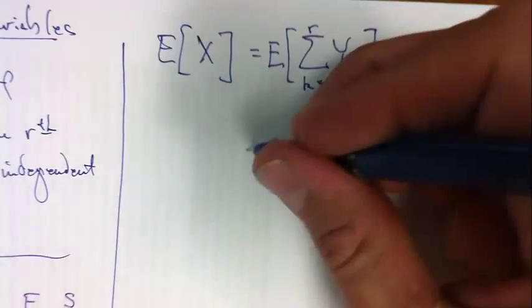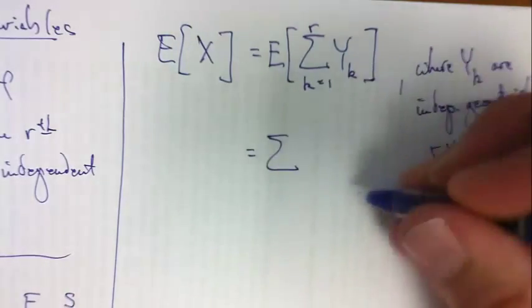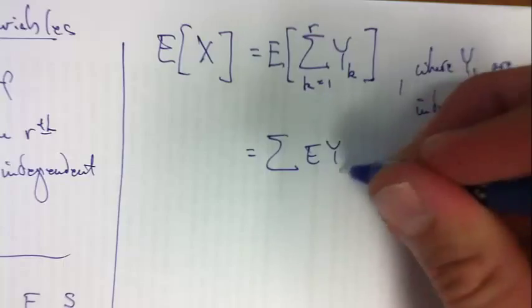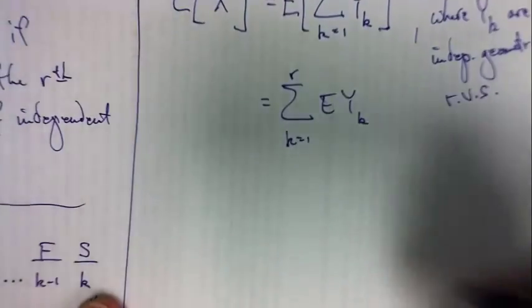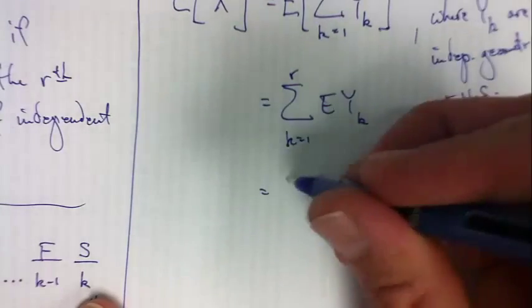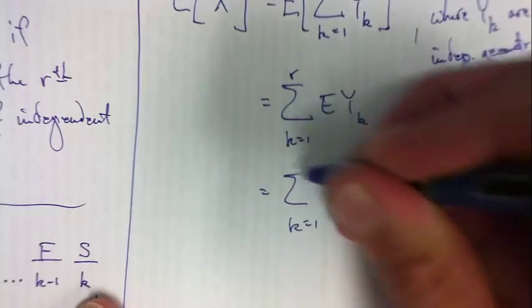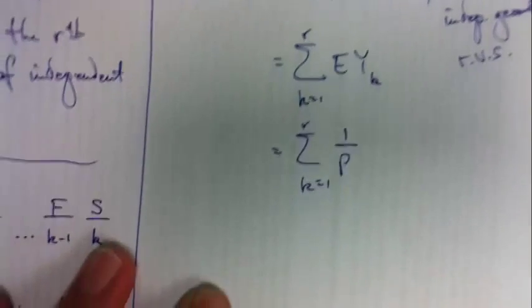Now, life is going to be really easy because we know from before that this is just the sum of the expected values. And now all of these things have the same distribution. Each one of these is geometric, so 1 over p is the mean.